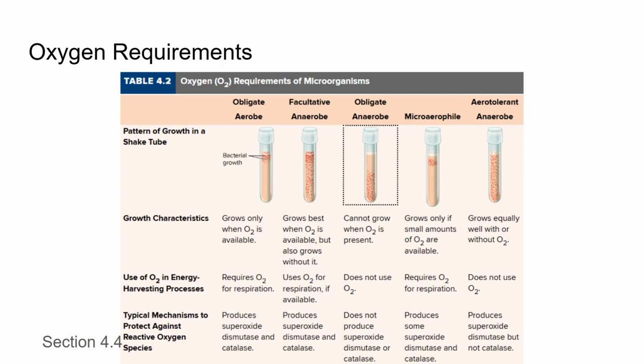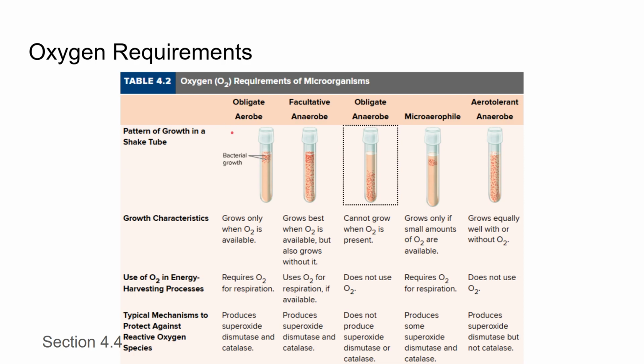Well, oxygen can also do that in your body or in bacteria, unless they have specific mechanisms to protect them. And that's what this bottom part talks about. So different organisms have different tolerance for oxygen, whether they've evolved or adapted to the presence of oxygen. So our first one that we're going to look at is an obligate aerobe.